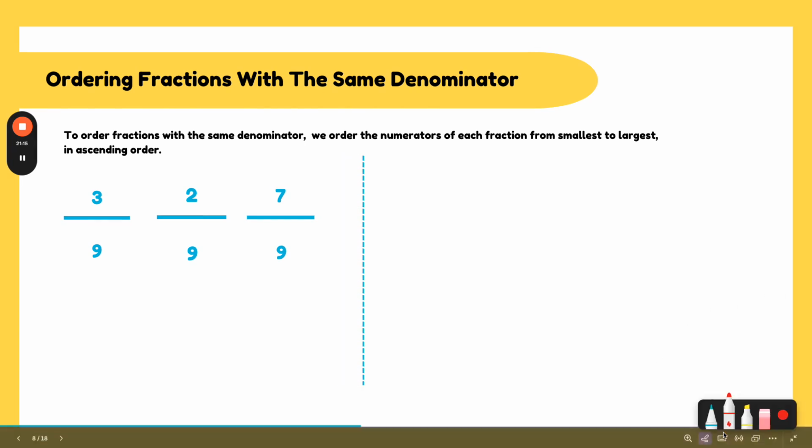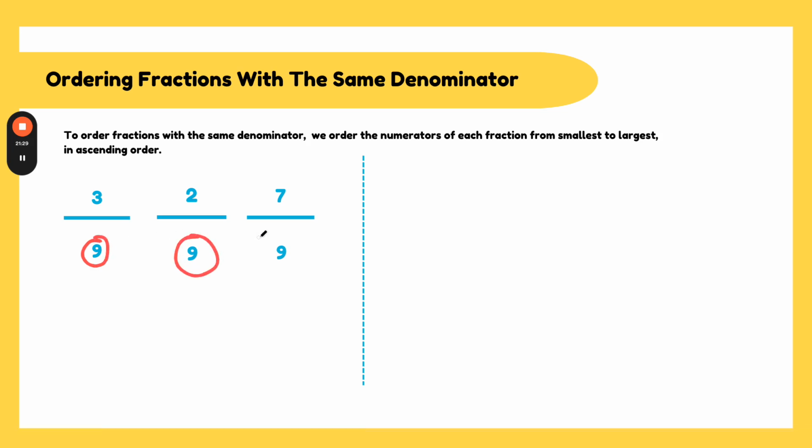So if we wanted to order these fractions from smallest to largest, because the denominators are all the same, they all have the denominator of 9, we just need to look at the numerators of each of the fractions and order those in ascending order from smallest to largest.